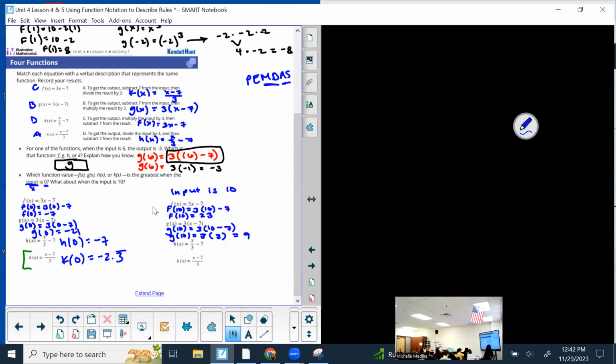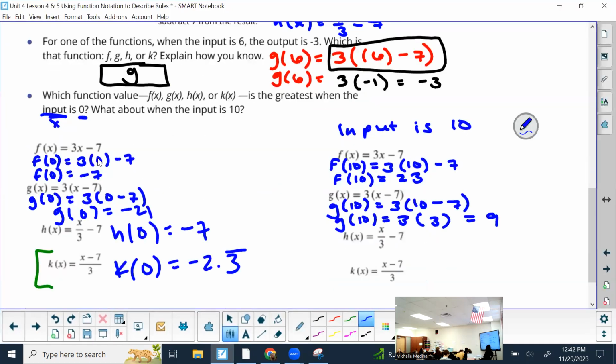Now, here's all my values for when the input's 0. Maybe let me highlight them so you can see them better. Which value of the output is the greatest out of these 4? So that is why k of x is greater out of all of these ones. Questions on that?